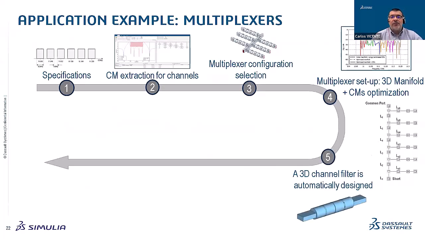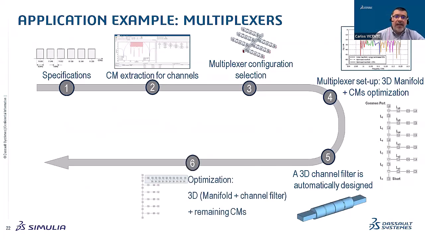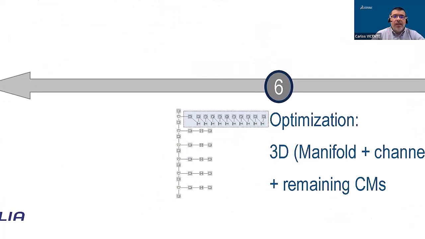You can do that with the synthesis tool I just introduced: you take that coupling matrix and automatically design the 3D filter. Then you replace that coupling matrix, in this case the first one, the one on the top here, by the 3D filter, and then you can optimize again. You would optimize the filter, the manifold, the stubs, and the coupling matrix.